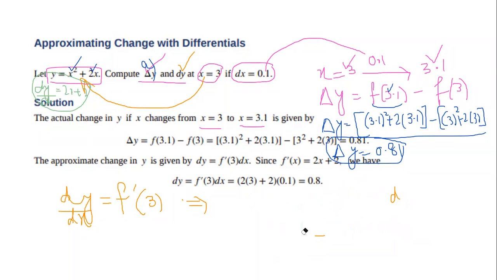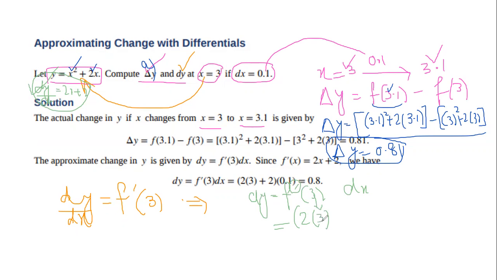I have to write again that my dy will be equal to the function derivative at 3 into dx. My general value of the derivative is 2x plus 2. Now what is the value of x? x is 3.